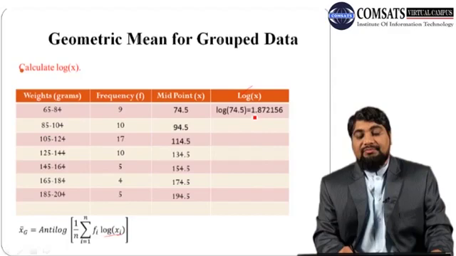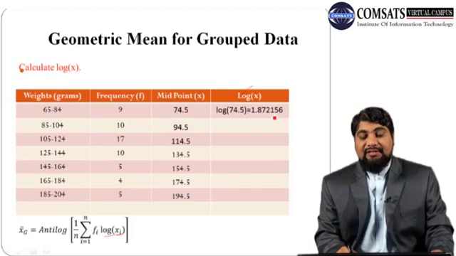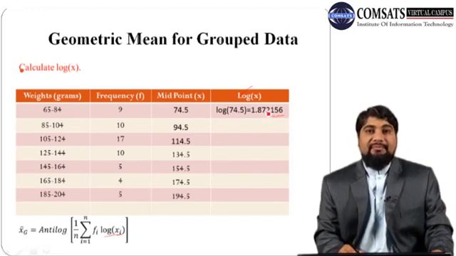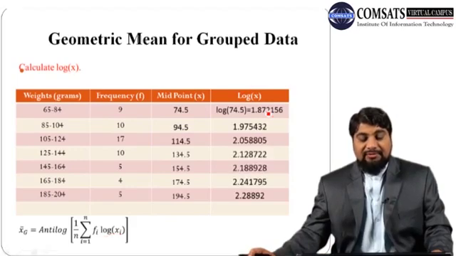Log of 74.5 is 1.872156. You can write this number up to 3 decimal places by rounding, so it is 1.872. Similarly calculate log of each number.